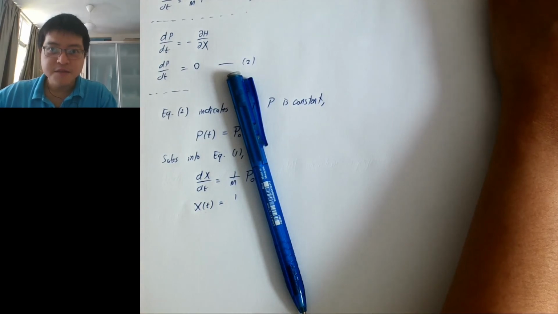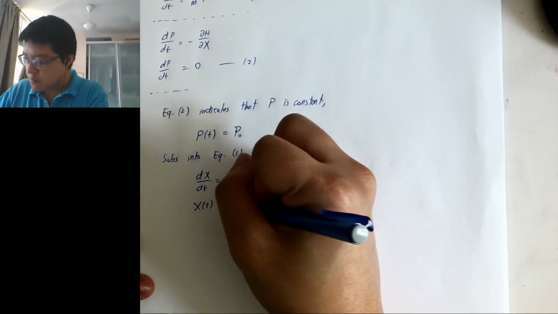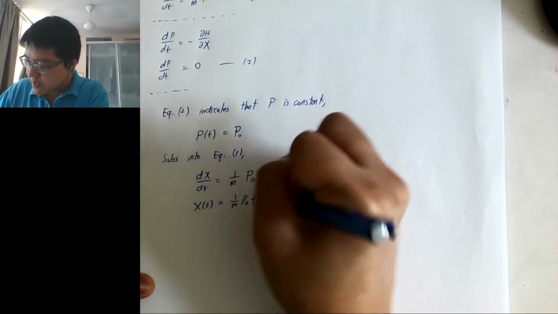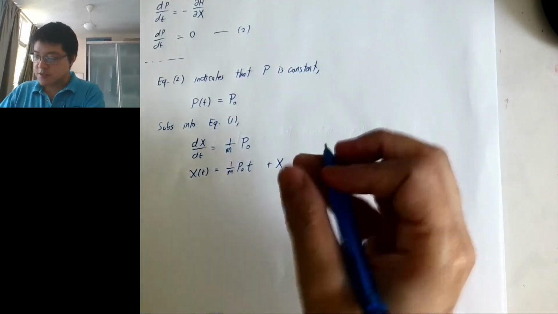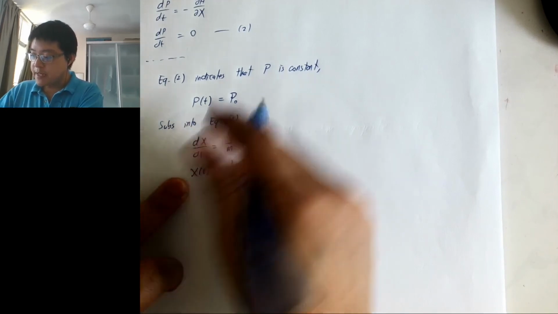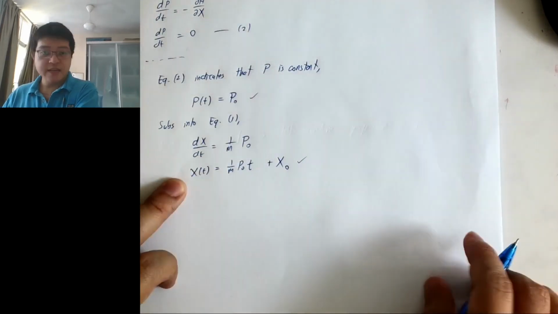What was the equation? One over m. Okay, yeah, so it's 1 over m, p0 t, and then plus the initial position. Okay, so we got the two solutions already. p is a constant, and then this thing is a constant.